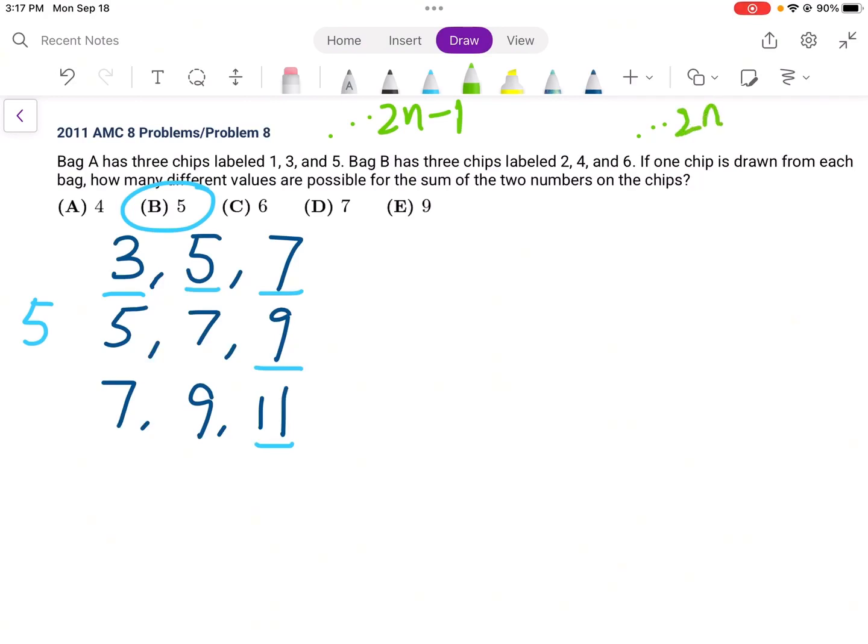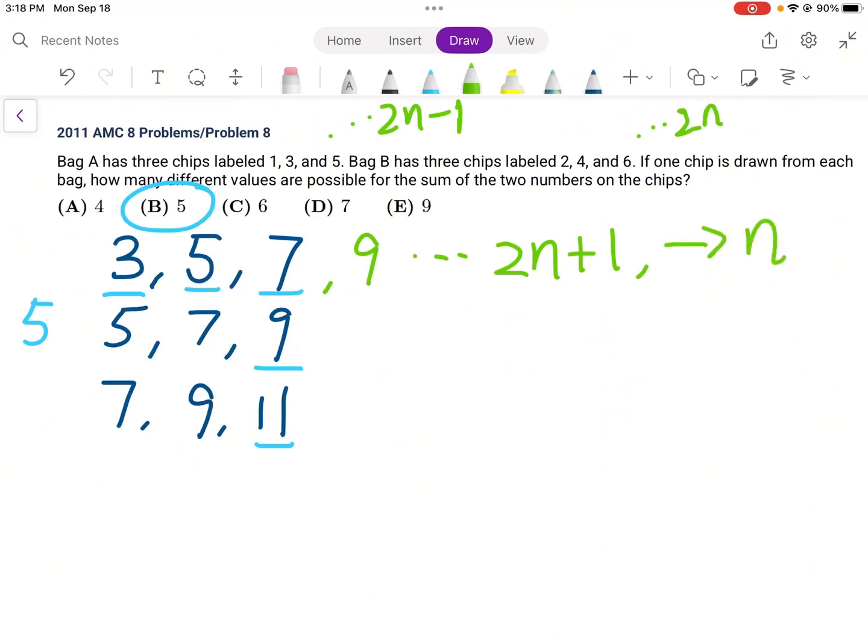In this case, when we choose the chip labeled 1 to start, the chips in the second bag add 1, we will get 3, similarly 3, 5, 7, 9 until 2n plus 1, and that's n numbers.